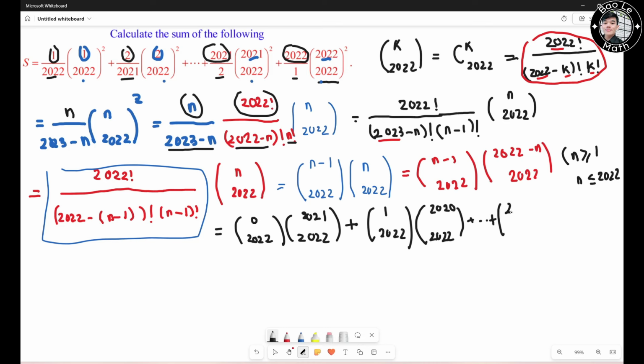It could be C(2020, 2022) times the combination C(1, 2022). And the last one, n equals 2022, so it turns out to be plus C(2021, 2022) times C(0, 2022).